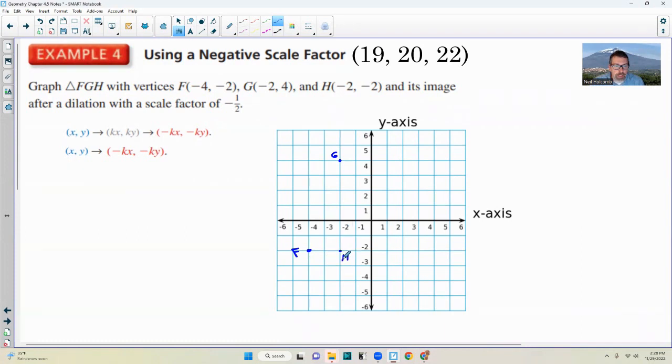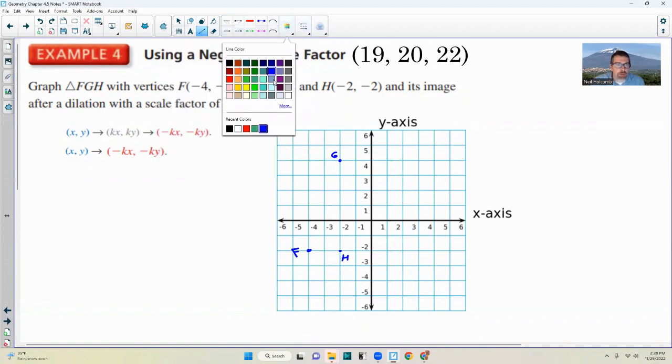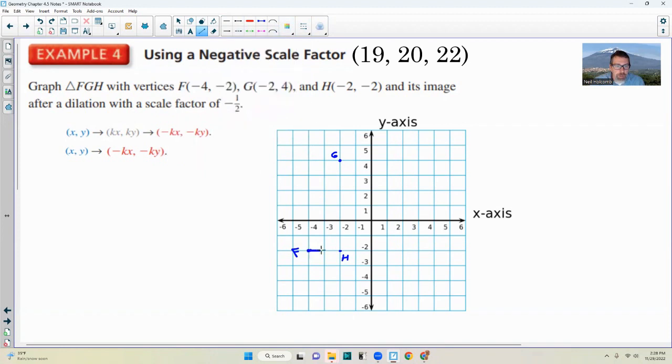So here is H. So then I get my ruler, if you will. I'm just going to use this tool. You would use a ruler on paper. All right, so there is our triangle FGH with those coordinates.